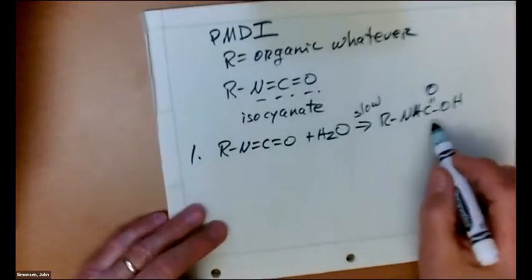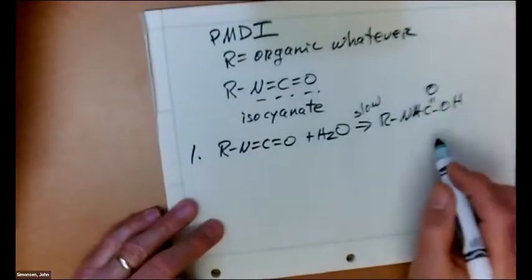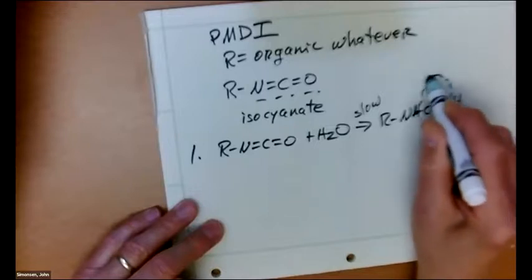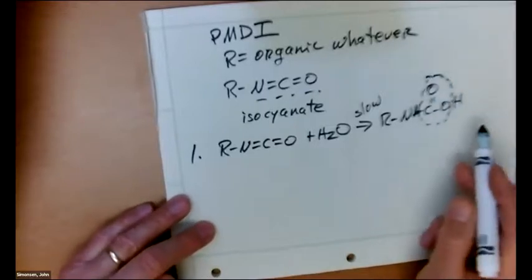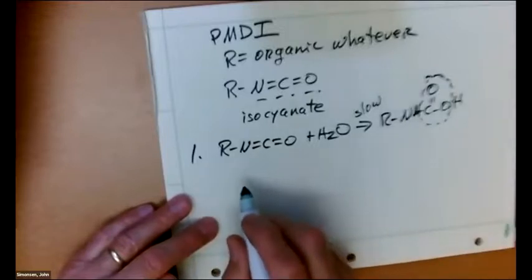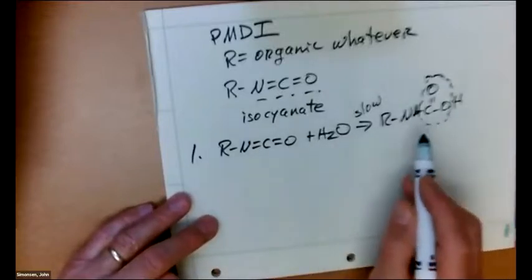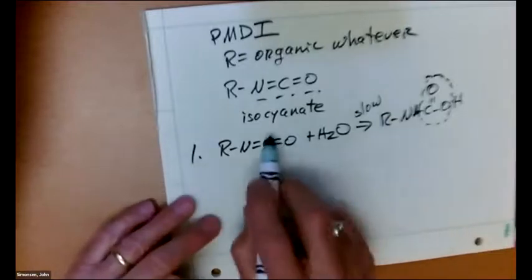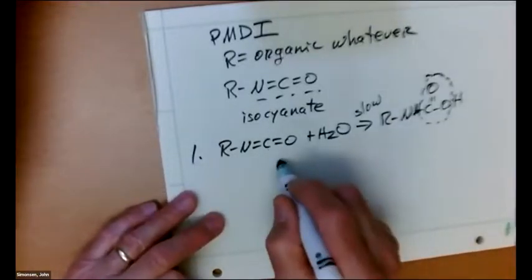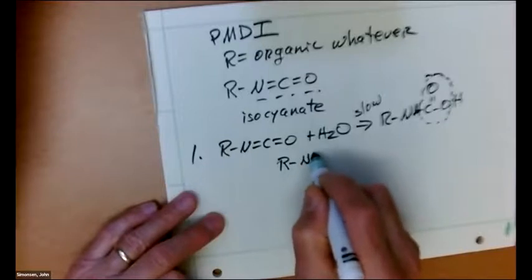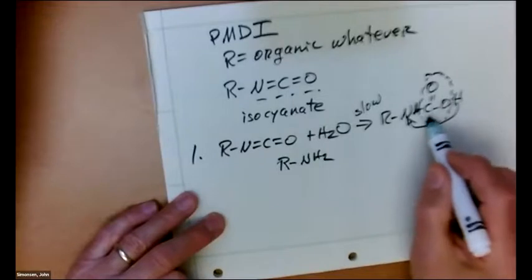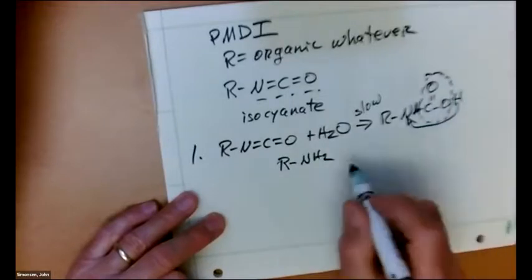So you form this compound, but this compound has CO2 in it. The first step is slow, but then, this is not the second step in the cure mechanism, but the second step in this reaction, this hydrogen will come over to this nitrogen and the carbon dioxide will leave.